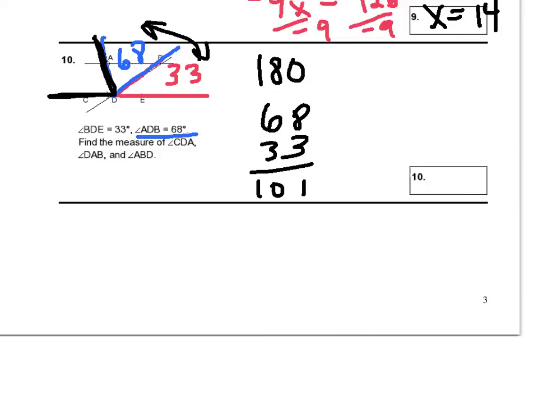So I'm going to subtract 101 from 180, and I get my final answer: 79 degrees. This angle right here is 79, because 79 and 68 and 33 add up to equal 180.